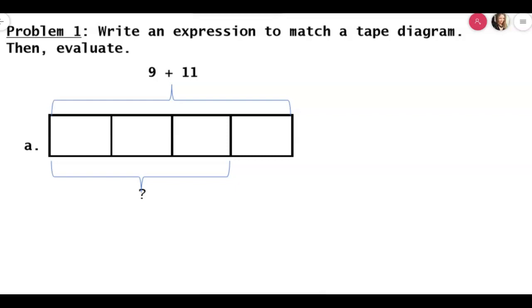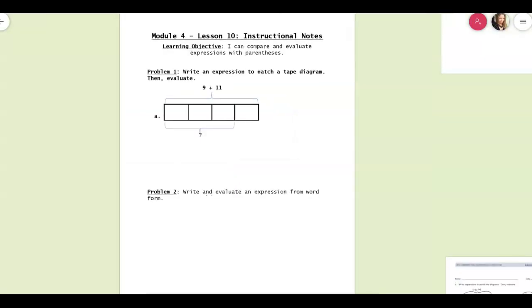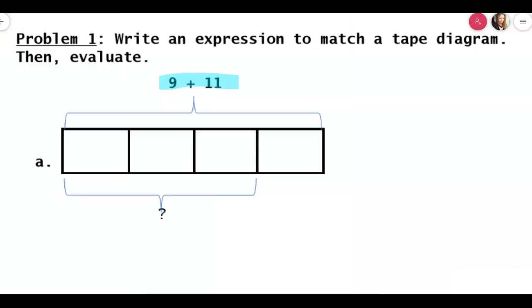So let's read the expression that names the whole. 9 plus 11. So our whole is the sum of 9 and 11. How many units is the sum being divided into? 1, 2, 3, 4.